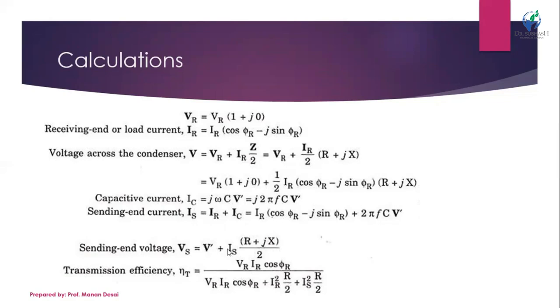Transmission efficiency is output upon input. Output is VR IR cos phi R. Input is output plus losses, where the losses are the IR losses.